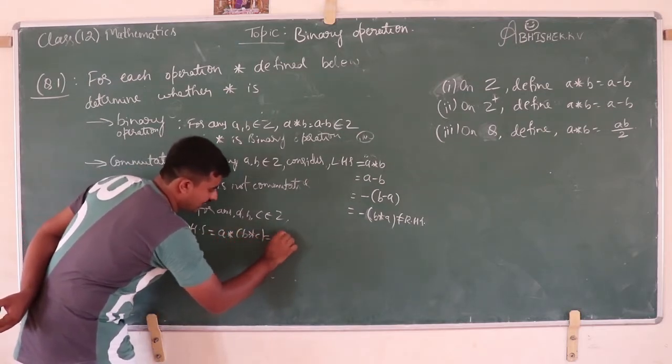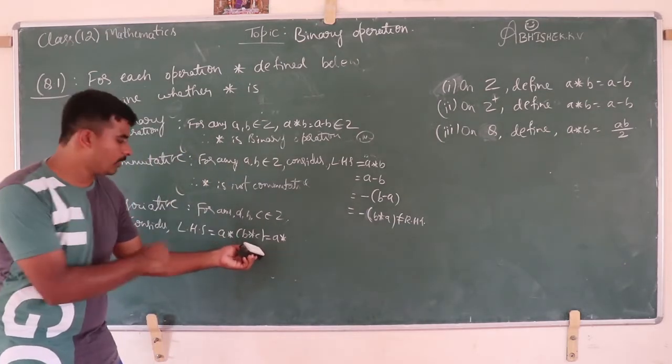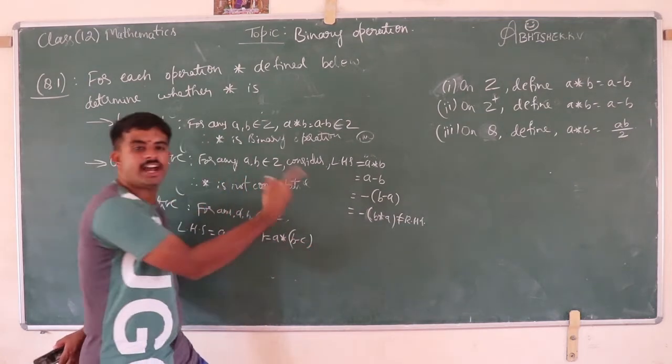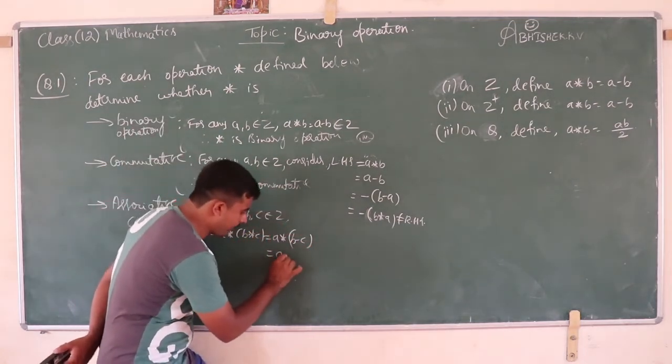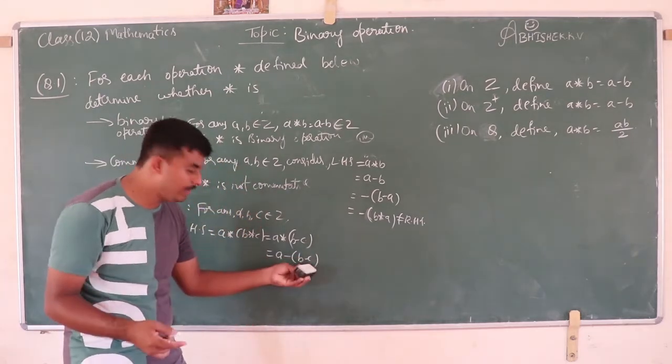This is equal to a star of, first we define what? b star c. a star b is a minus b. What about b star c? It is b minus c. What about a star of b minus c? a minus of b minus c.